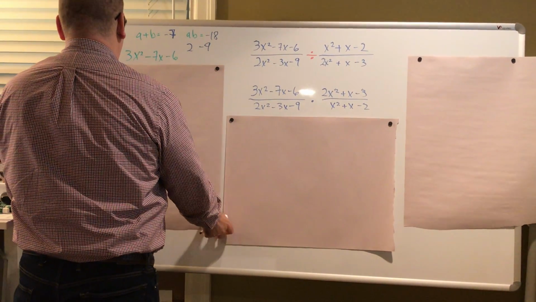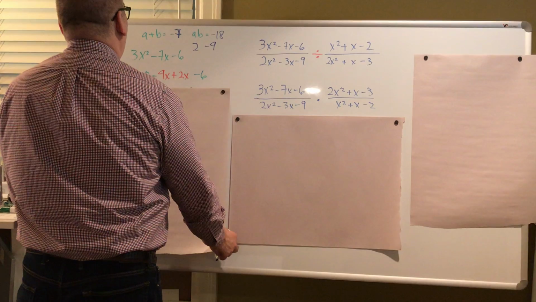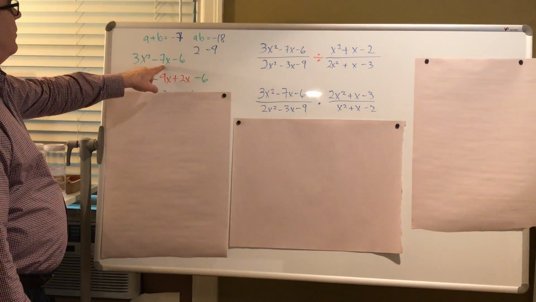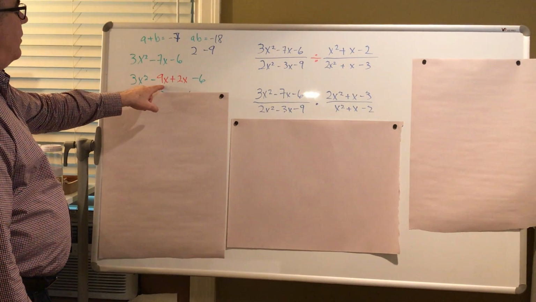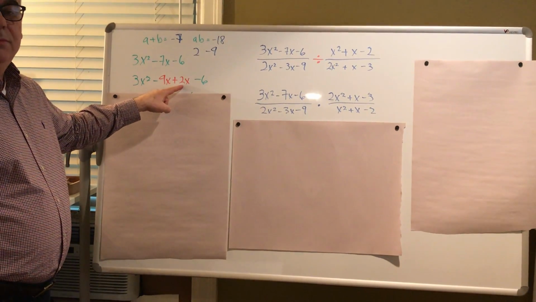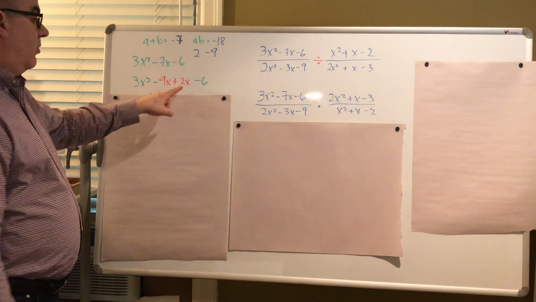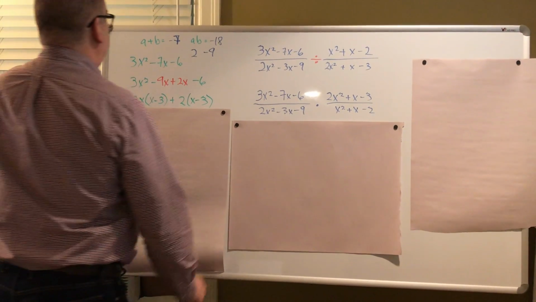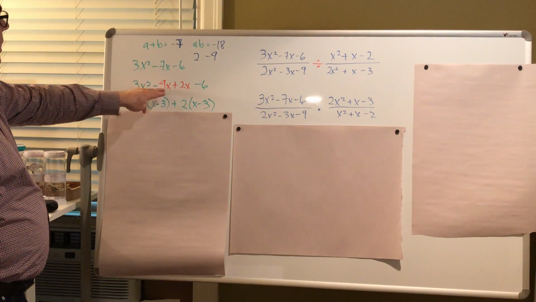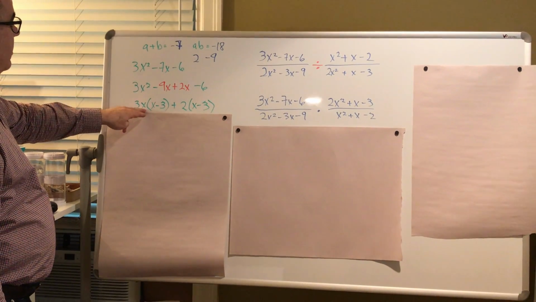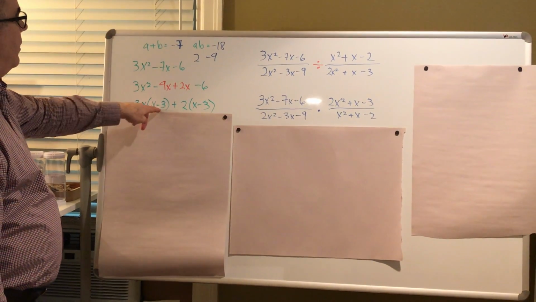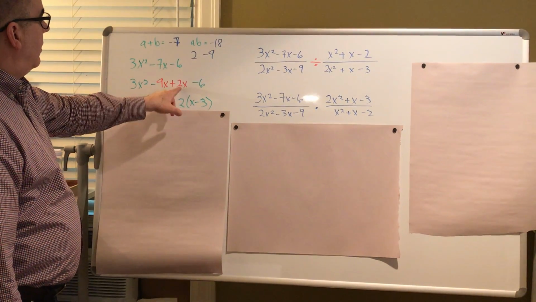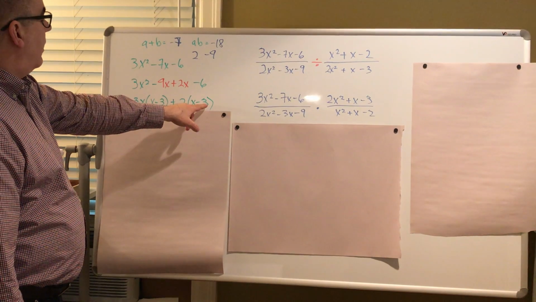When we do that, we replace this 7x with minus 9x plus 2x. This is called the grouping method, and it allows us to then take out 3x from both of these terms, leaving x minus 3, and 2 out of both of these, leaving x minus 3 over here.